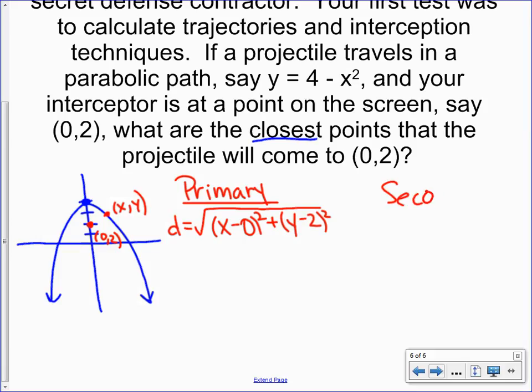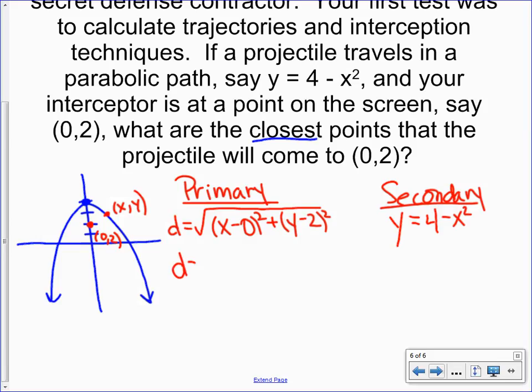What's our secondary equation? Good. Y equals 4 minus x squared.